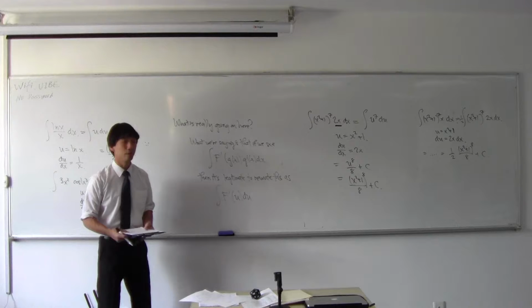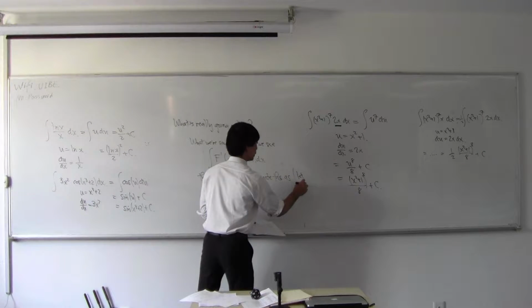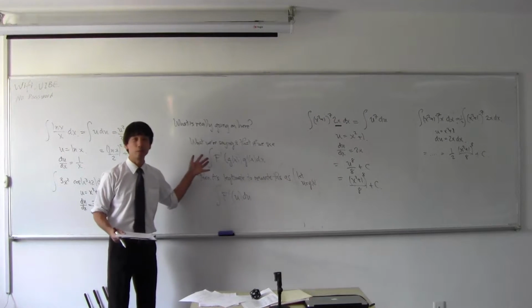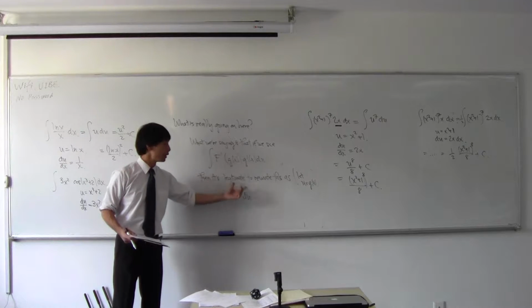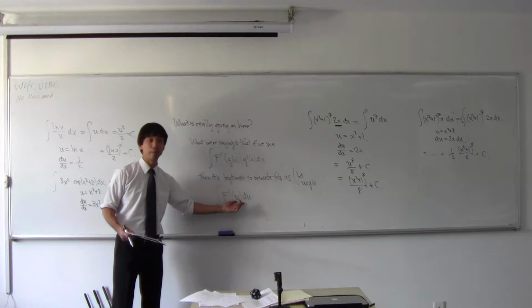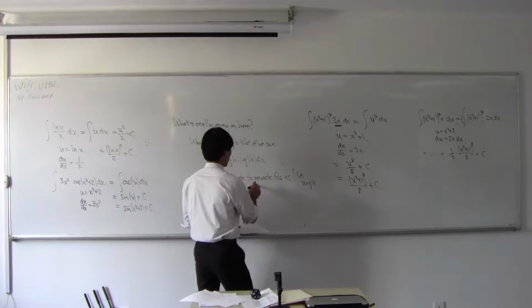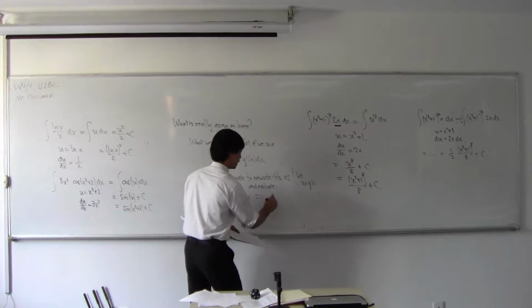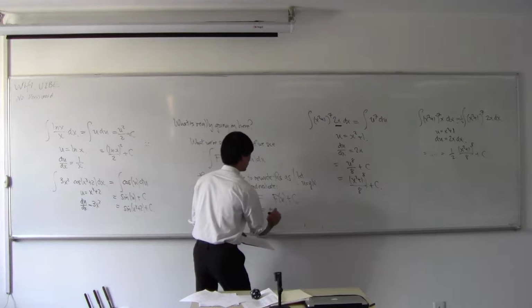So you say let u be g of x. It's perfectly fine if we see anything like this. We can just rewrite it like this and then evaluate, right? What's going to happen? We're going to get f of u plus c. In other words, f of g of x plus c.